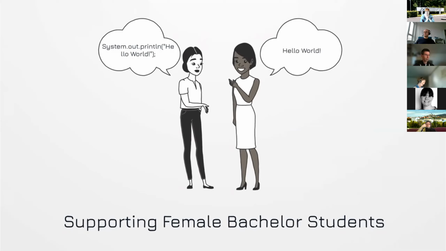But we found out that female students like to talk about problems and solve them in community rather than solving them home alone. In summer term 2019, the first official peer learning class started, so students could enroll and get credits for it.